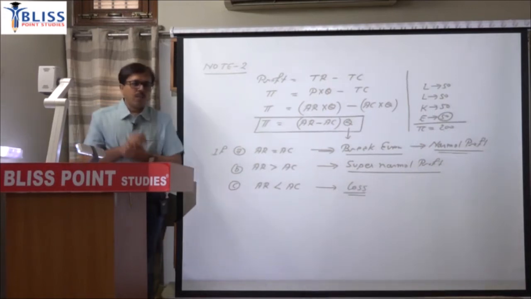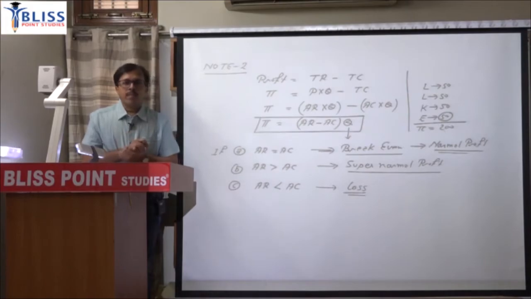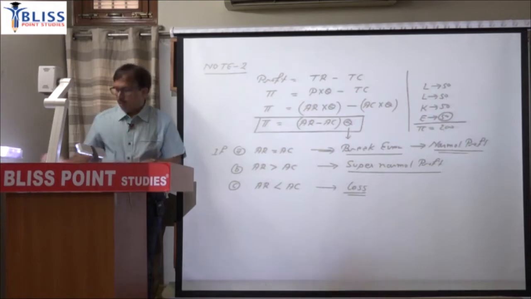Now the question is, if there is loss for a firm, what will be the behavior of the firm? In loss condition, the firm may continue to produce or the firm may shut down also. And that will depend upon, within loss, two possibilities.